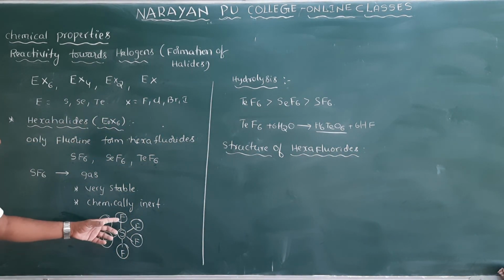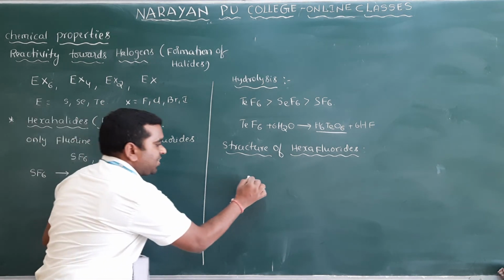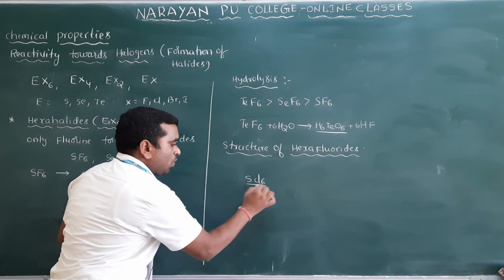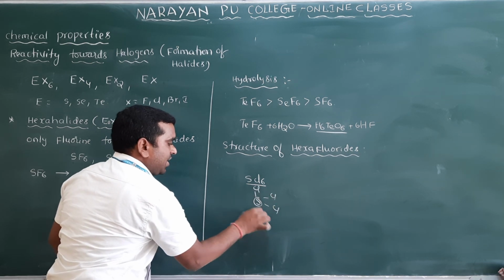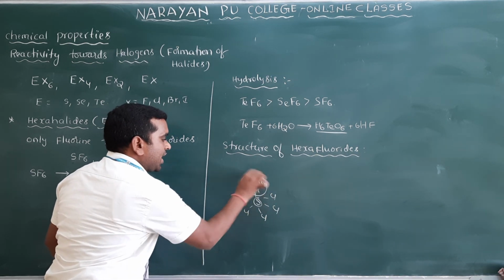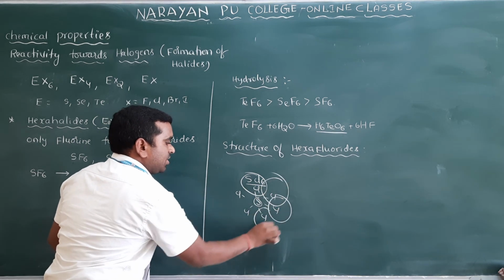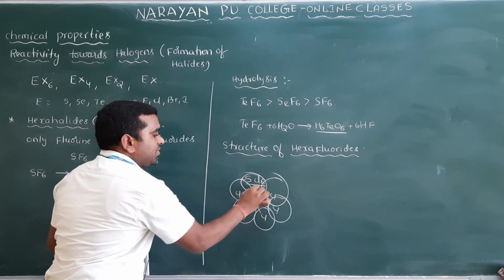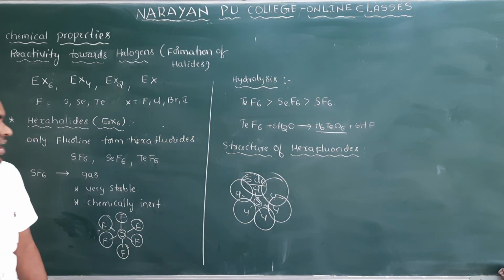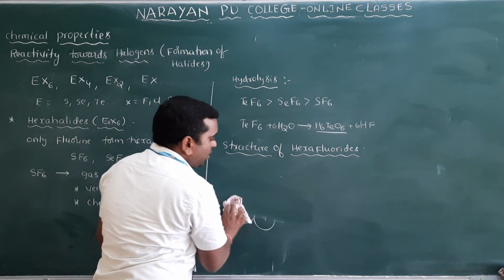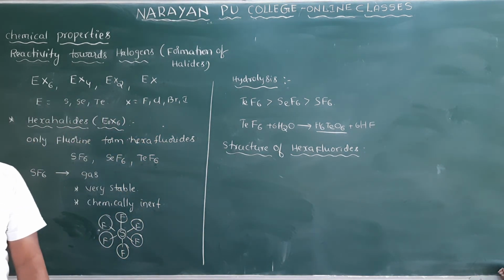If I take the chloride SCl6, it won't exist. Because there are 6 chlorine atoms, and chlorine is bigger in size, so there will be repulsions between the chlorine atoms. Automatically the molecule becomes unstable. So only fluorine can form hexafluorides, not the other halides.